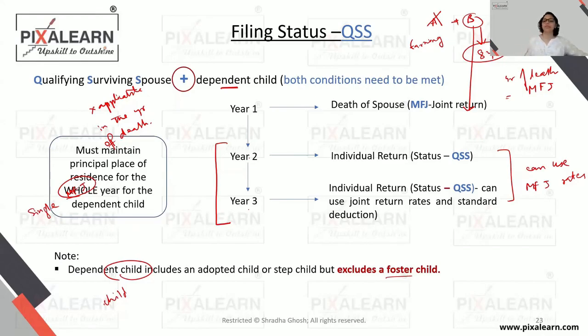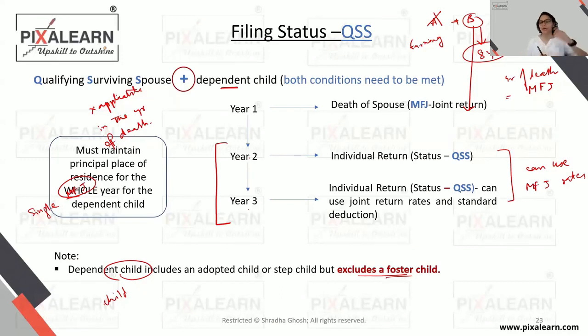Let's say mother is not there, abusive father. So the state takes care of that child and gives him in foster care. And you can become a foster parent to a child like that. So those foster children are specifically excluded in the definition of qualifying surviving spouse. This is the only area where a foster child is excluded. So remember again what we're doing: filing status.